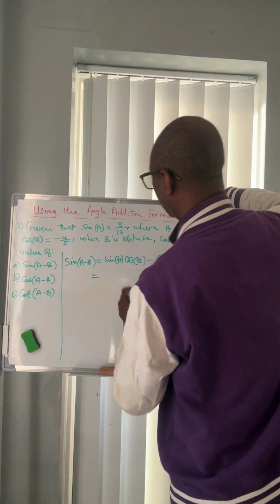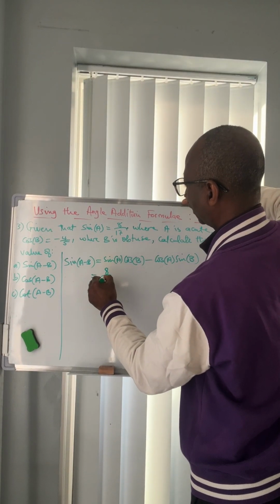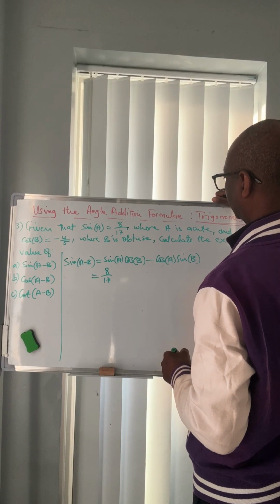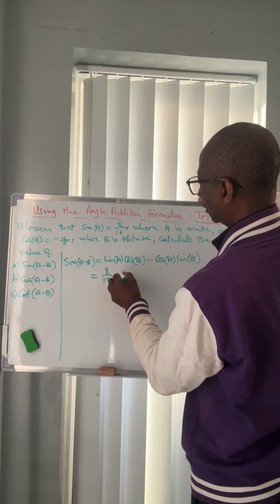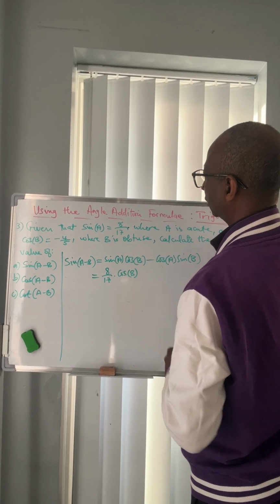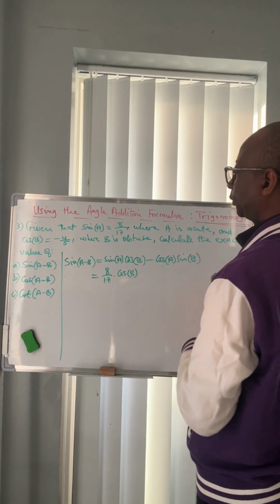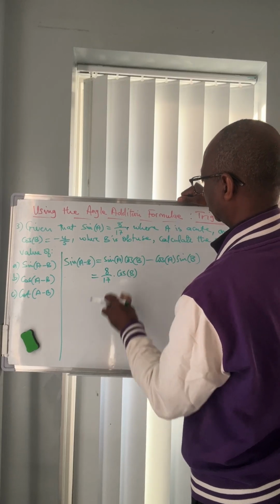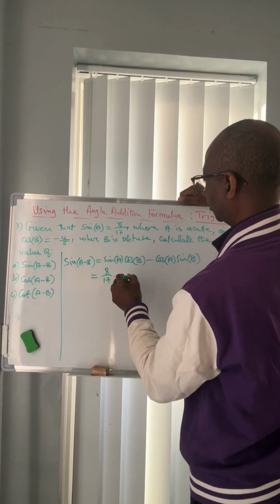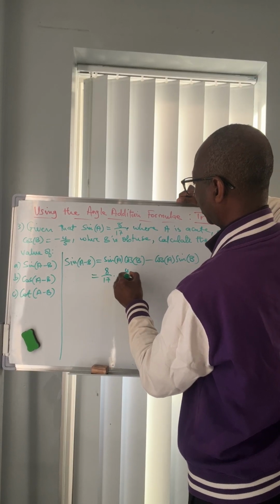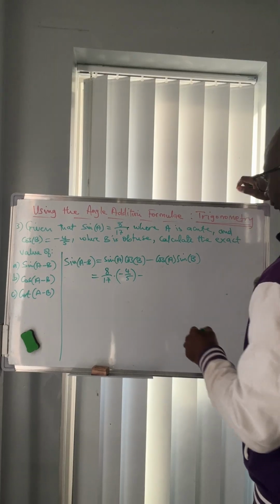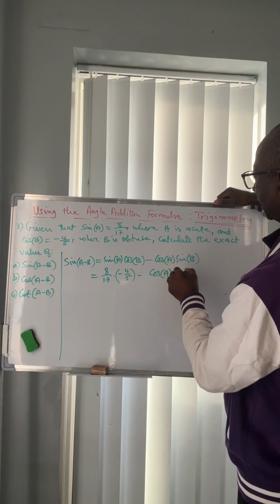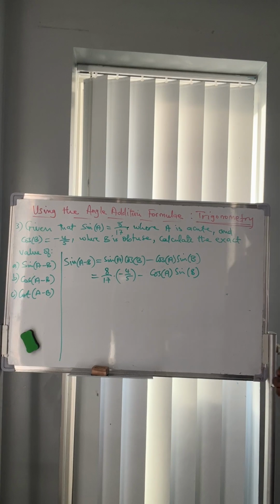So here we know sine A is 8/17, times the cosine of B. B is obtuse, so it's minus 4/5, times the cos of A and the sine of B, which we need to work out.